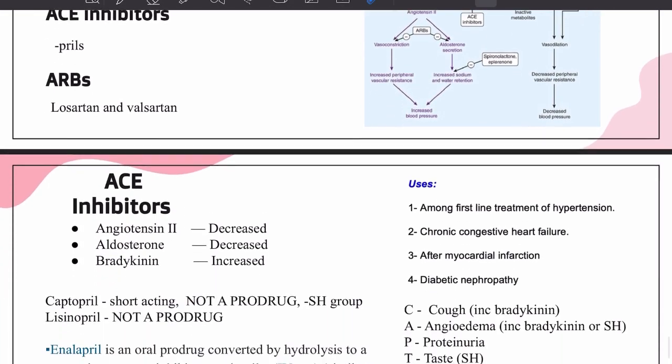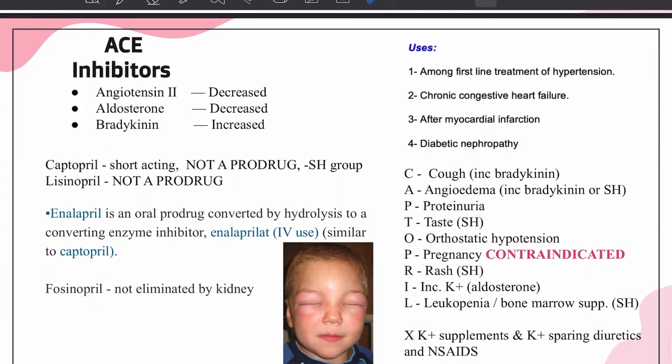Let's start with the biggest group of them all, which is the ACE inhibitors, which are part of your first line treatment of hypertension. Since it is inhibiting the ACE enzyme, it will inhibit the conversion of angiotensin 1 to angiotensin 2, and then ultimately inhibit the production of aldosterone. So angiotensin 2 and aldosterone have decreased, so the vasoconstriction effect of angiotensin 2 is lost, so I'm going to have a decrease in the peripheral resistance, and aldosterone is also decreased, so the reabsorption of sodium and water is decreased.